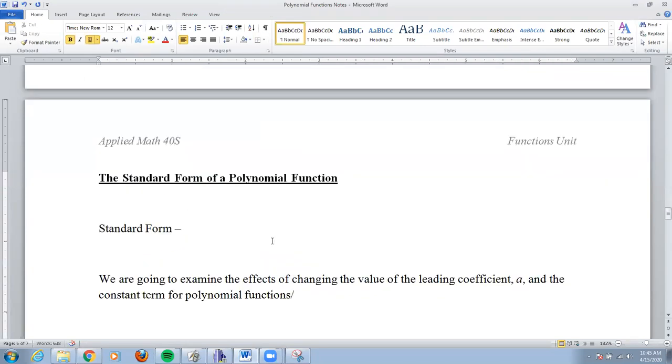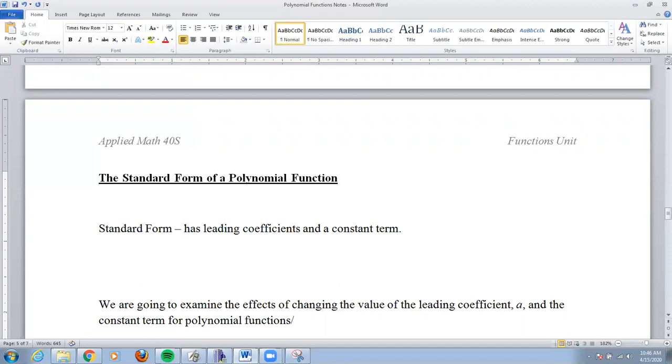Okay, so the standard form of a polynomial function looks like this. It has leading coefficients and a constant term.